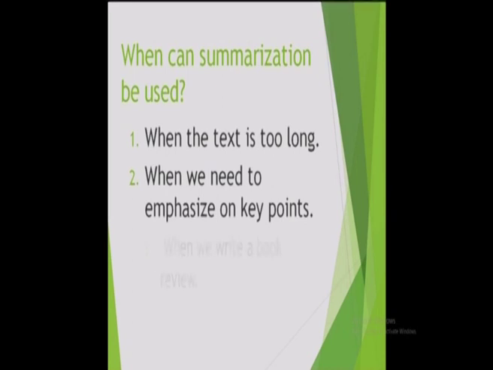And finally, we can also use it when we write a book review. So let's say you have a very lengthy text or a very lengthy story and you don't have time to look into all the points. At that time summarization is going to be of great help. And in summarization, you must ensure that you have all the important details in it.